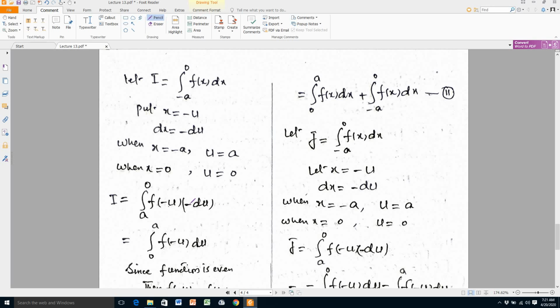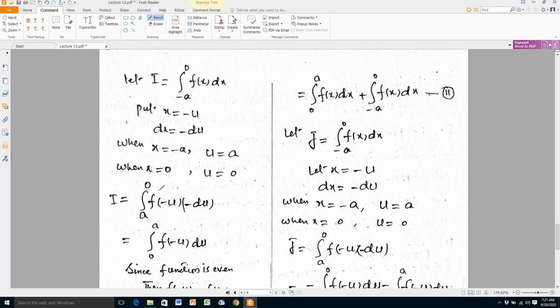With this negative sign, it is a property that you can interchange the order of the integral. So I interchange the order of this integral here. I take from 0 to a with this negative sign.